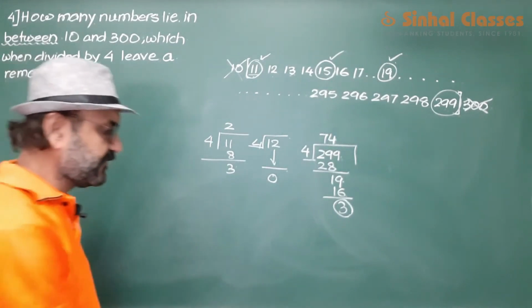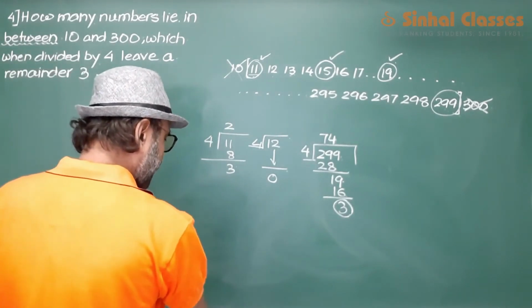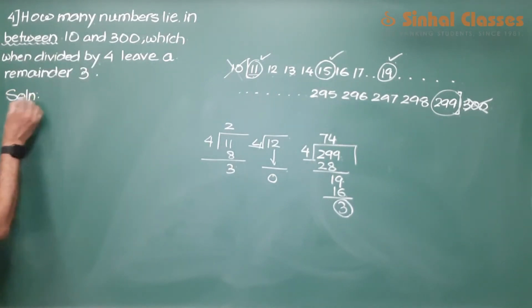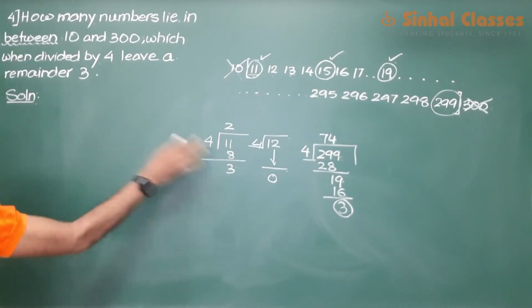So we have now found out the numbers which are divisible by 4 and leave a remainder 3.